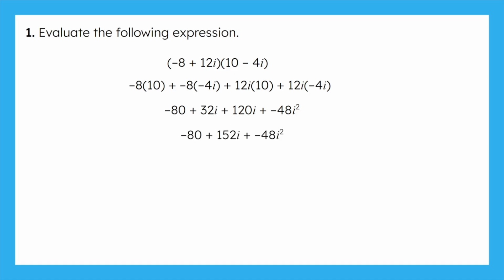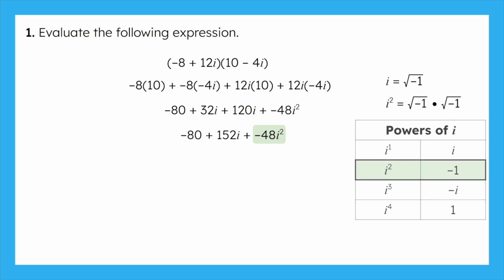Can we simplify this any further? Didn't we learn about the powers of i in a previous lesson? How can we simplify this -48i squared? Since i equals the square root of -1, i squared equals the square root of -1 times the square root of -1, which equals -1.